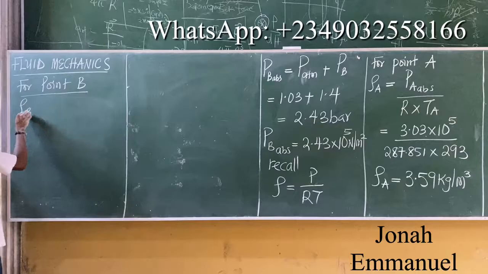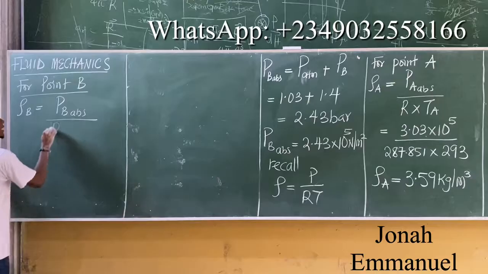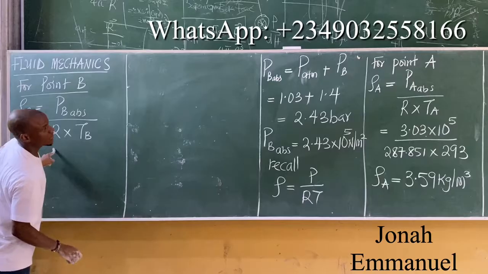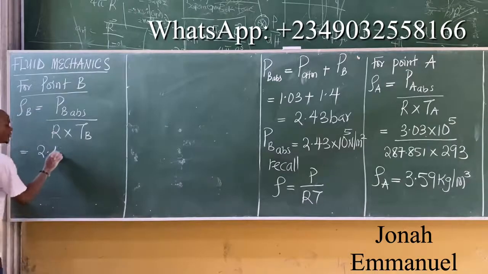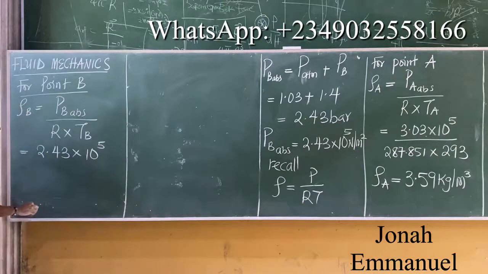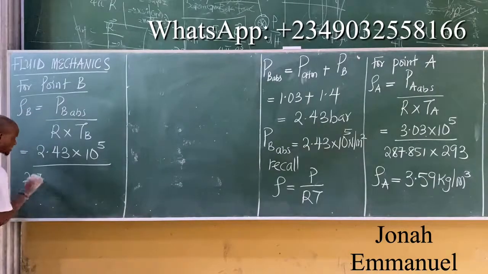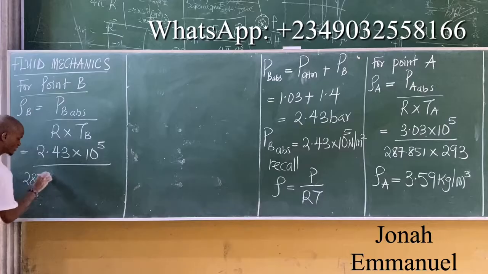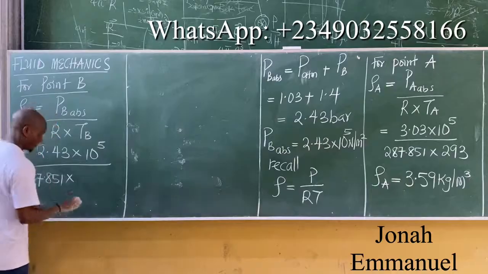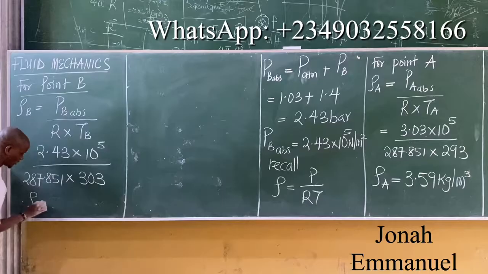Mass density at point B is equal to PB absolute all over R times T at B. PB absolute is 2.43 times 10 to the power 5, converting back, all over R, 287.851, times TB, 303. So mass density at point B is equal to, what do I get?